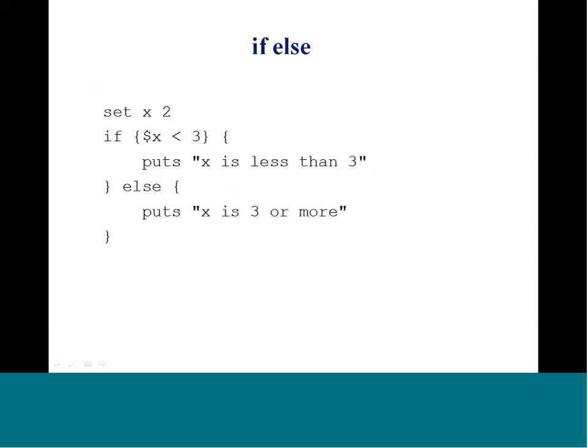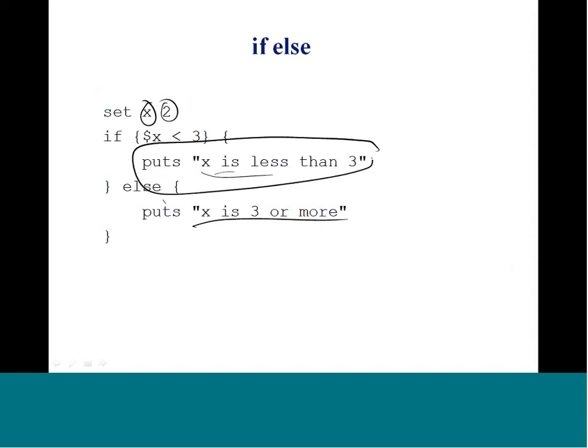Here we set the variable x to 2, and say that if it is less than 3, then puts x is less than 3. Otherwise, it puts x is 3 or more. When you execute this program for x value of 2, it will say this and exit. It won't execute the other part at all because x is already less than 3.